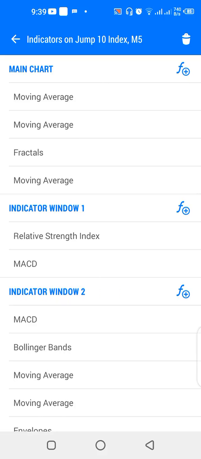Now, you cannot independently use the indicators on the main chart alone. You have to use it with indicator window 1, indicator window 2, and indicator window 3. Now, let's look at the parameters for indicator window 1. For indicator window 1, we have just the relative strength index and MACD.